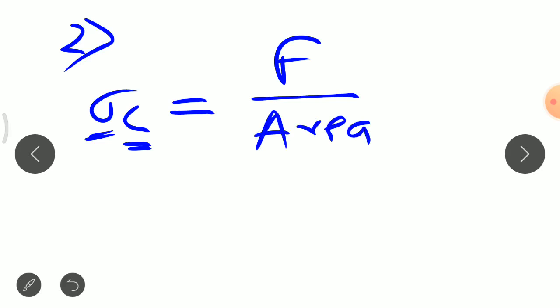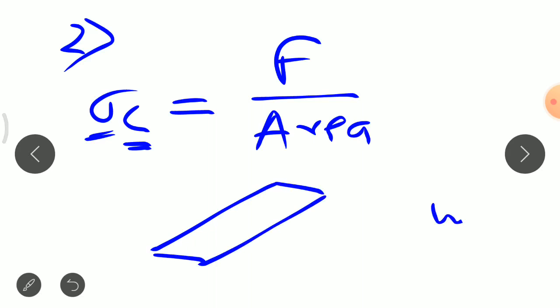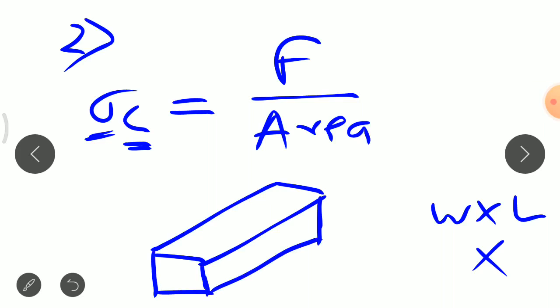Here the area is now not only W by L, because only half a portion of that area is inserted in the hub section. So only that section is having the crushing or compressive stresses.